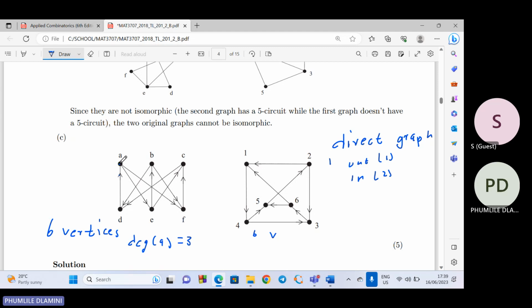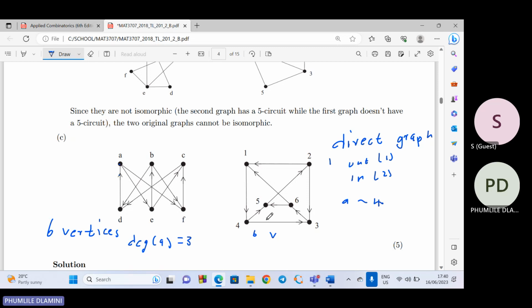But in vertex A, we have 1 in and 2 out. If you see here in number 4, we have 1 in and 2 out. So we can say A is in relation with 4, this one here.